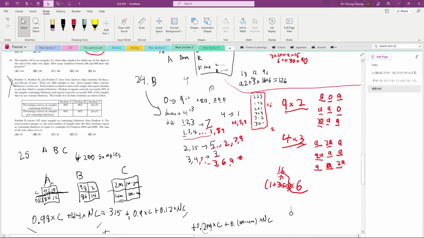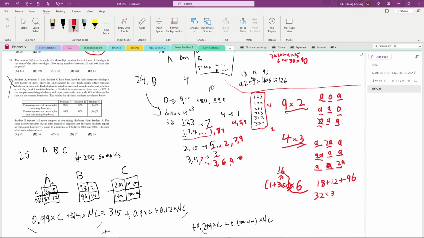Okay, yeah. And you just calculate it. 18 plus 12 plus 96. Because that's 32 times 3, and then 2.